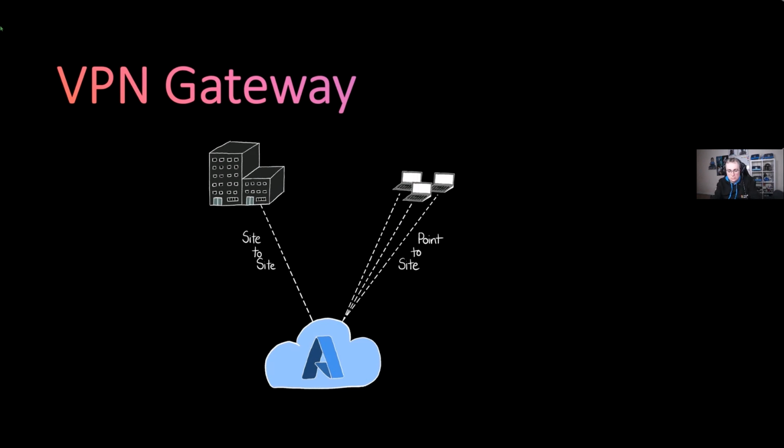So moving on to the VPN gateway. Whilst you have all your resources sat in Azure, that's all well and good that they can talk to each other, but how do you talk to those resources if they've got private endpoints and they're not internet facing? This is where a virtual private network, or VPN, comes in, and Azure has a service called Azure VPN Gateway.